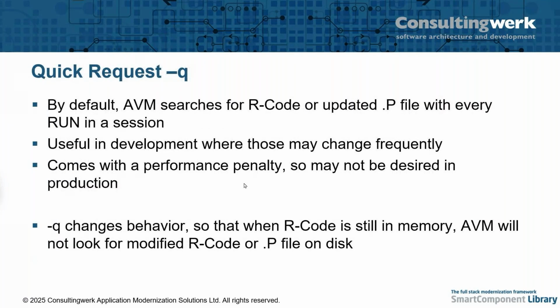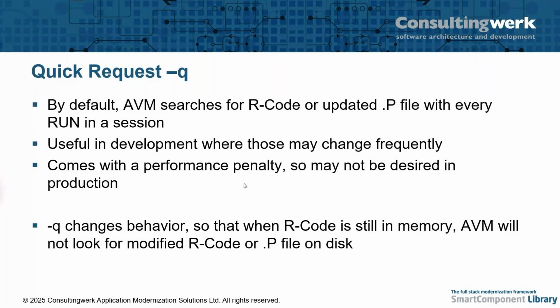Good. Let's look a bit about some parameters that impact the performance of running code, and the simplest to use there is the -q startup parameter. When you repeatedly run the same procedure or repeatedly use the same class file in your code, every time you run that, the AVM, the progress runtime, will check on disk whether there's an updated version of the R code or an updated version of the .p file every time. And that just takes some time.